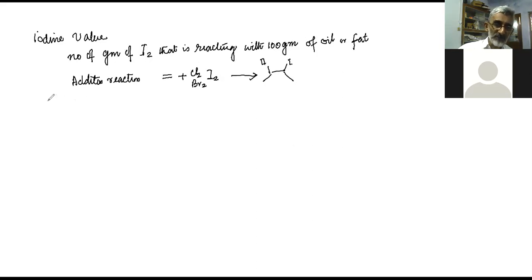So it gives a measure of the unsaturation in the oil or fat.